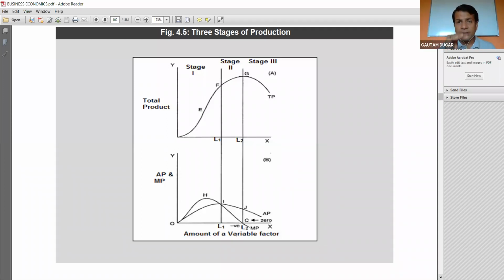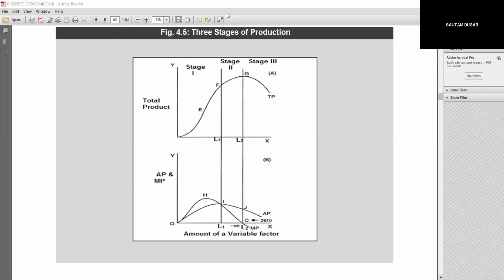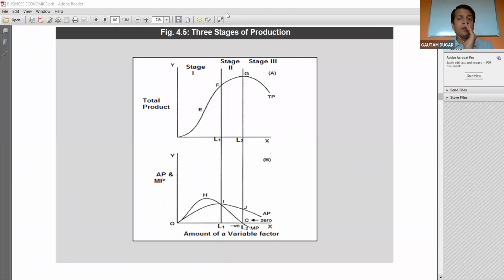You find in the lower diagram that AP and MP both are increasing. And remember, while increasing, the marginal product is greater than the average product.